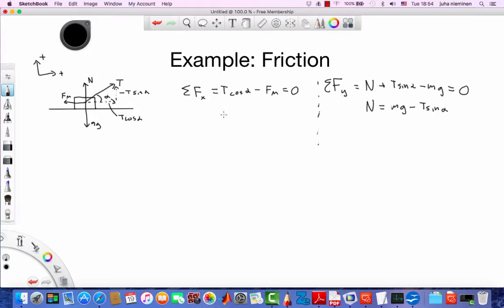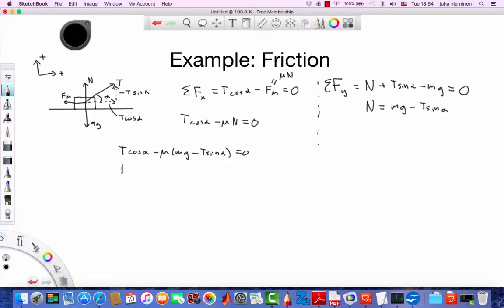If you go on this side, we can note that F mu is the coefficient of friction times the normal force. So we have T cosine alpha minus mu N equal to 0. And now if we substitute the N from here, we get T cosine alpha minus mu times (mg minus T sine alpha).